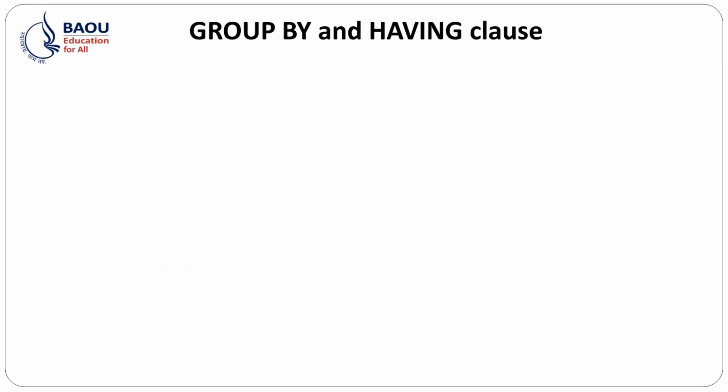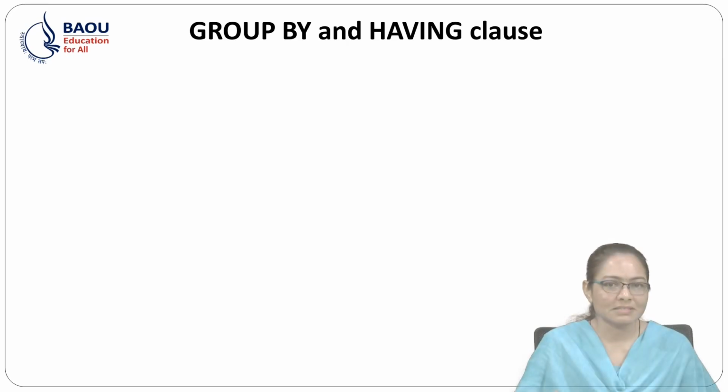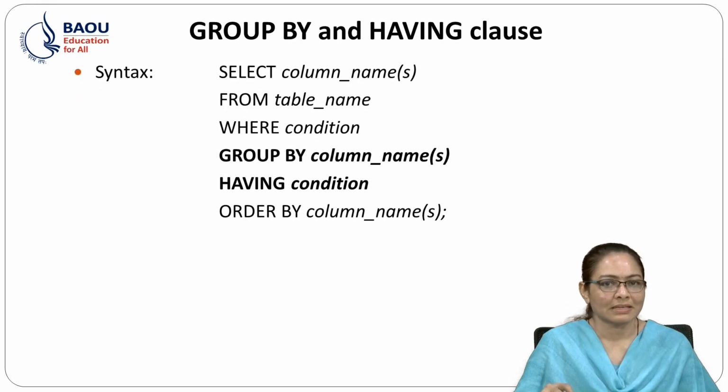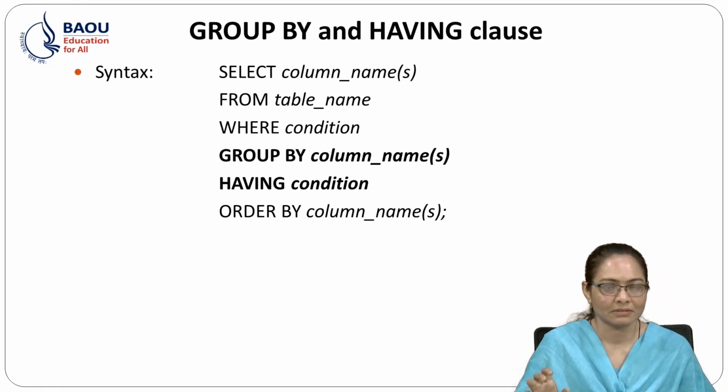Now, the next one is the syntax of the SQL group by and having clause. Select column names from table names, then where condition, then group by column names, having condition.